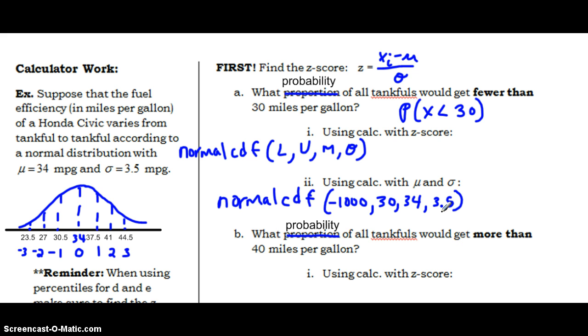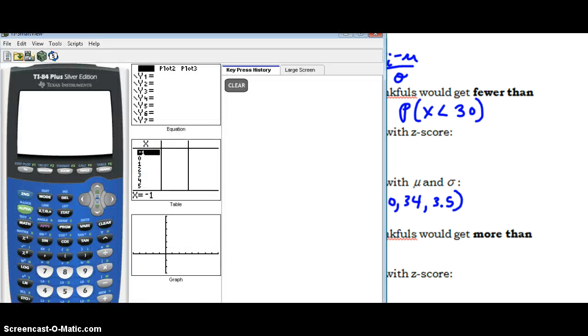Okay, so make sure your graphing calculator is out. On your graphing calculator, to get to normal CDF, you're going to hit second and vars. And then see it's number 2. So then you'll plug in what we said. So our lower, we said, was going to be negative 1,000.